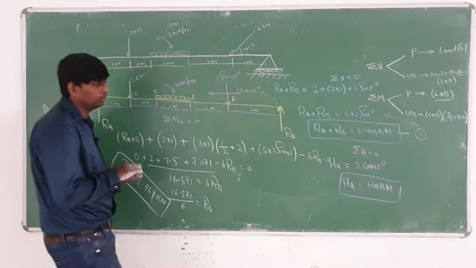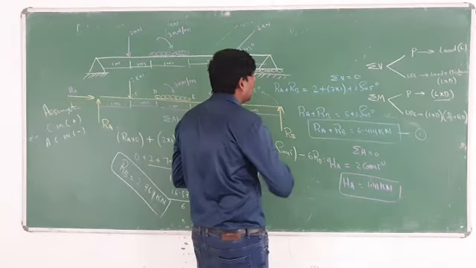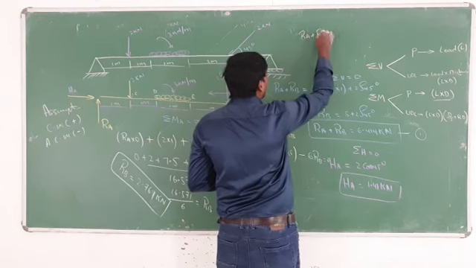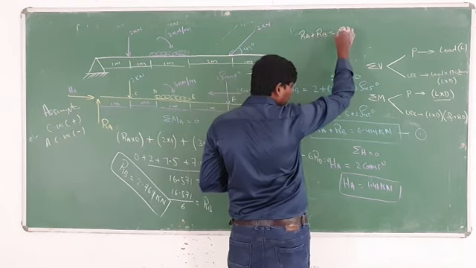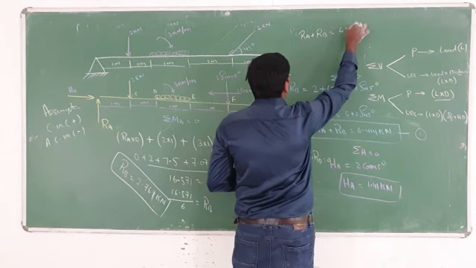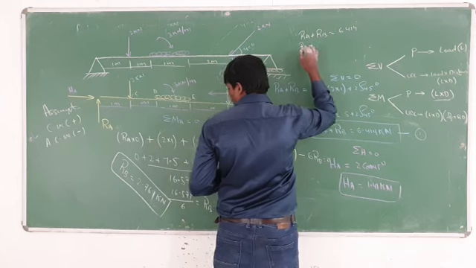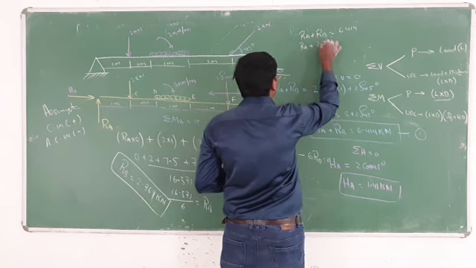What you have to do? Substitute here. RA, I will write here only. RA plus RB is equal to how much? 6.414. So RA you don't know. RB value you just got, how much? 2.761.